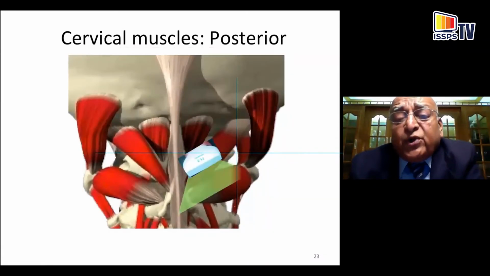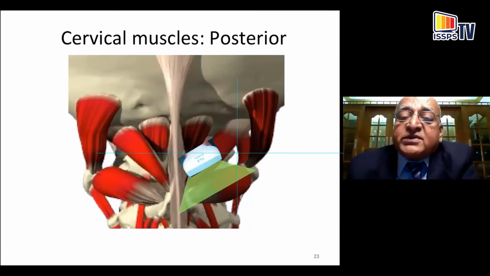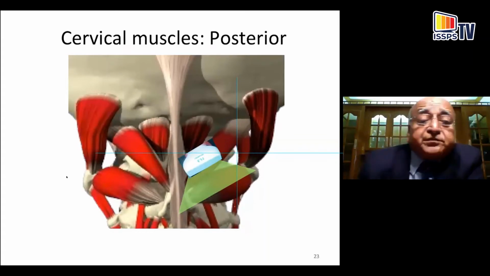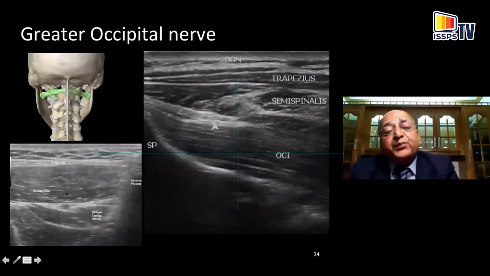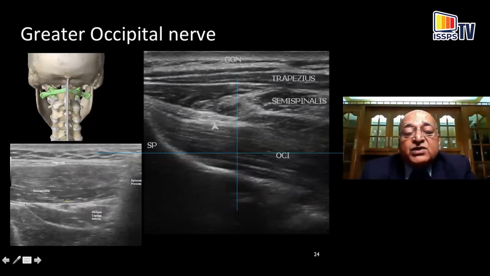If you were to orient your transducer, moving from the C2 spinous process to the C1 transverse process, which will be in line or parallel to the fibers of the obliquus capitis inferior, this would be the view. Now, I'm posting two different images here. The first one is when you get a transverse view at this location.